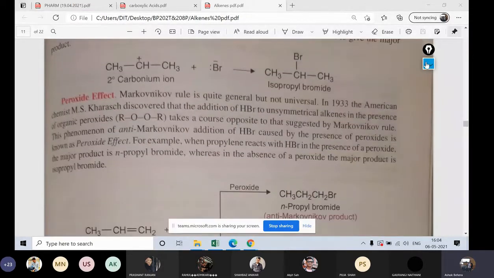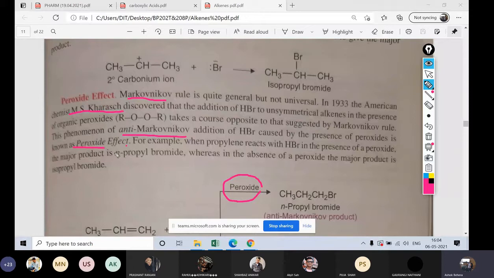Okay, so you understand that part. Then there is one more scientist against the Markovnikov rule, known as Kharasch. It is known as the anti-Markovnikov rule. This reaction occurs in the presence of peroxide, so it is known as the peroxide effect, Kharasch effect, or anti-Markovnikov rule. These three things are the same. Please remember this.